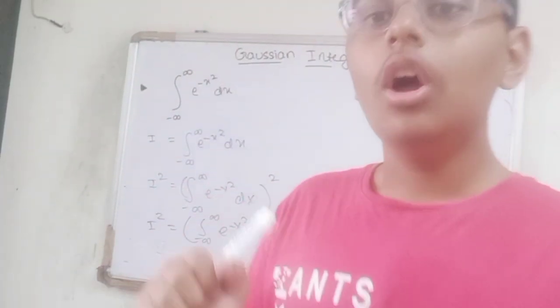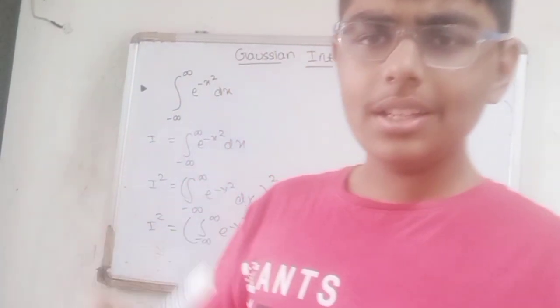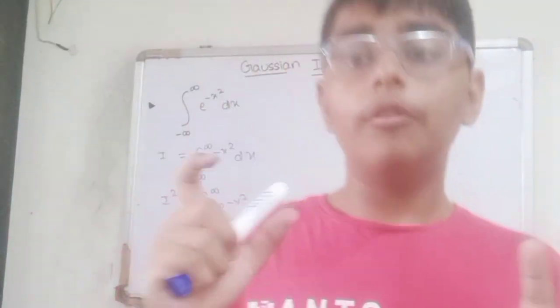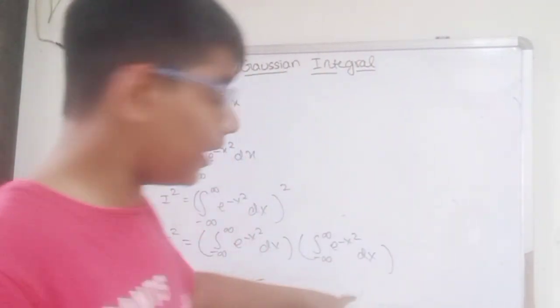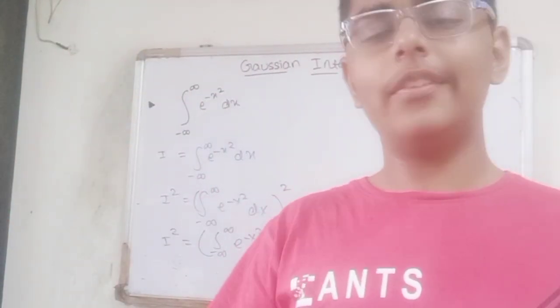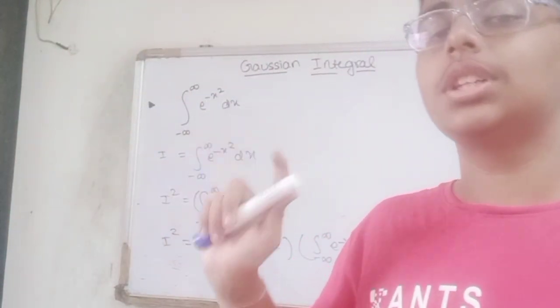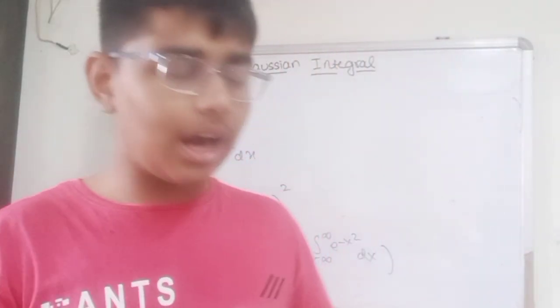I hope it's fine. Okay, yeah. So y is used as a placeholder instead of x, so that we can perform the integration in dx dy both. Then we can change it into polar coordinates, which is r dr d theta.